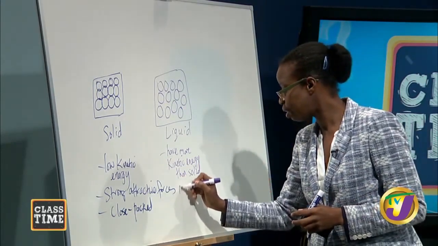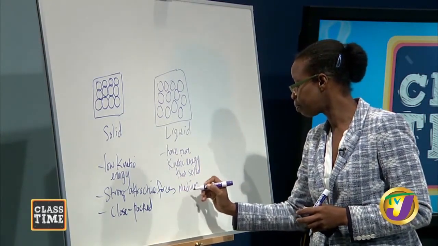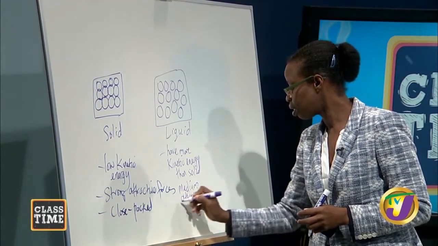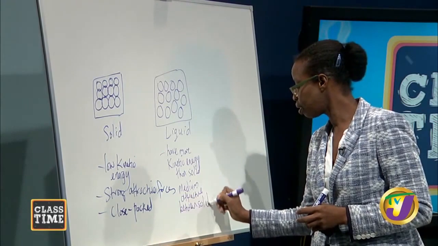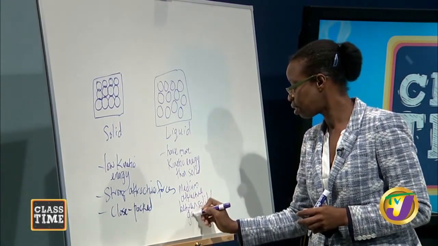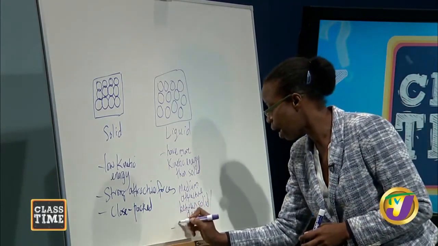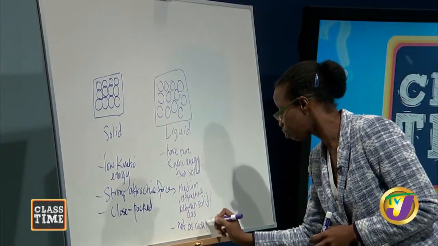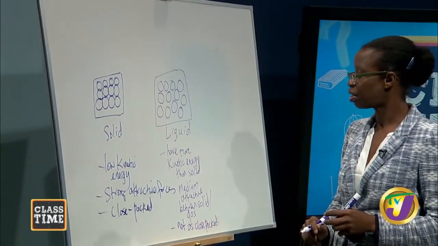And so the attractive forces are medium, between a solid and a gas, all right? And so we say that the particles are able to flow and they're not as close packed. Sorry for the terrible writing.